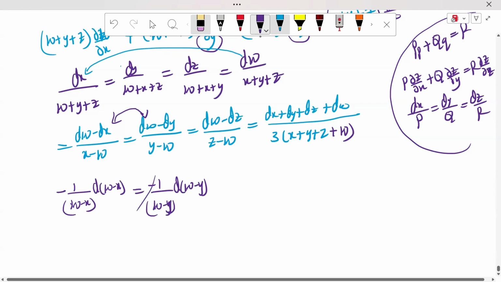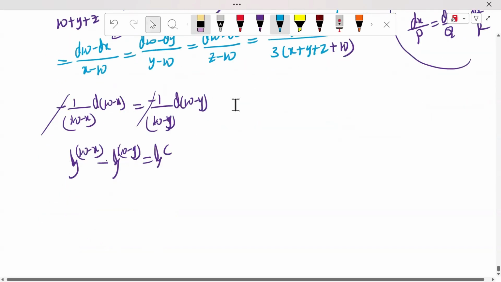So both are equal, minus minus cancel. Integrating on both sides, logarithm of w minus x is equal to minus logarithm of w minus y plus log c, sir. What is the answer, sir? These two fractions are equal. What is the answer, sir?